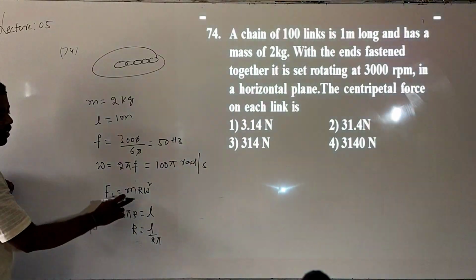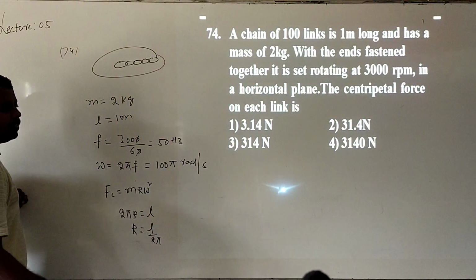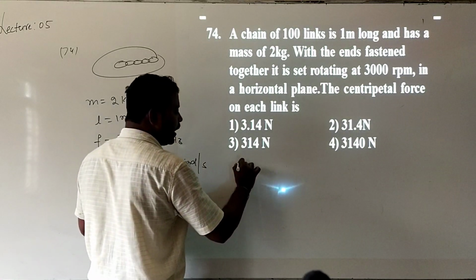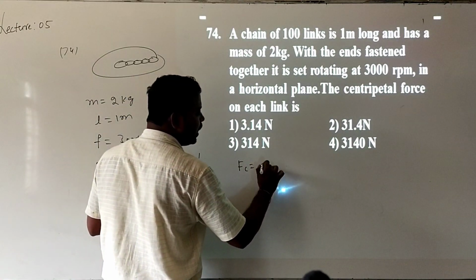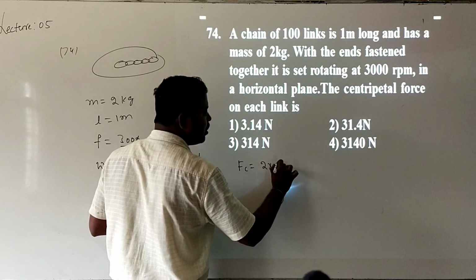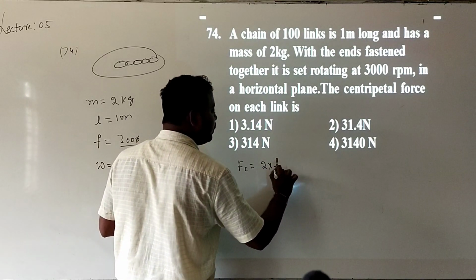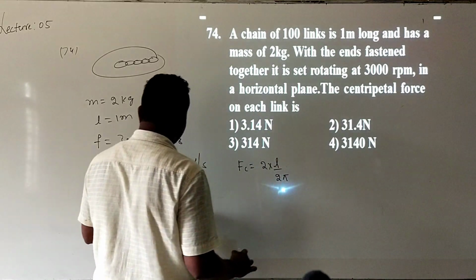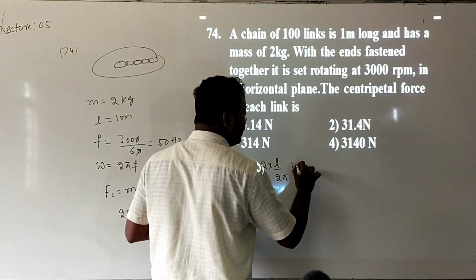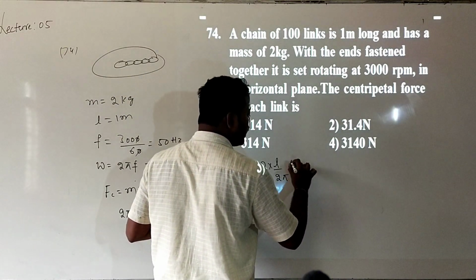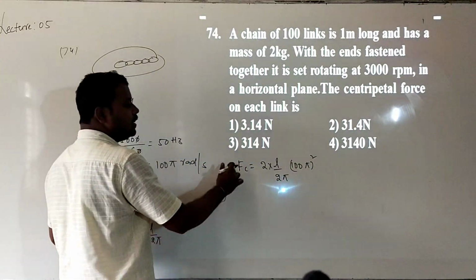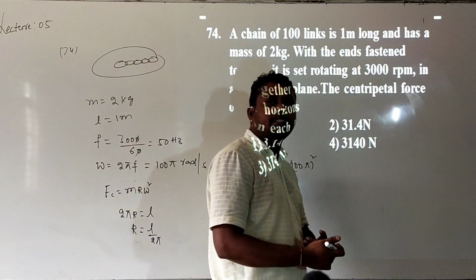Substituting r and omega, Fc is equal to m, which is 2, into r, which is L divided by 2 pi, into omega, which is 100 pi, whole square. But this is the centripetal force on the total 100 links.